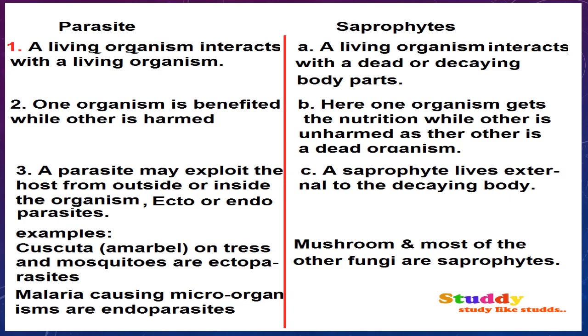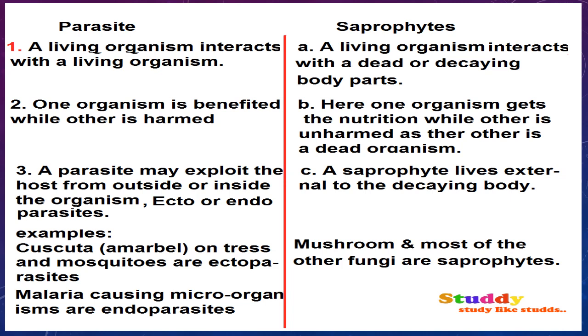Whereas the saprophytic is not harmful for the living organism, and it actually helps the environment, because when there is a dead organism, for example, a dead animal in the forest, once it becomes dead, the saprophytes, the spores, start to grow on the organism. So it feeds on the organism and helps in decaying the matter.